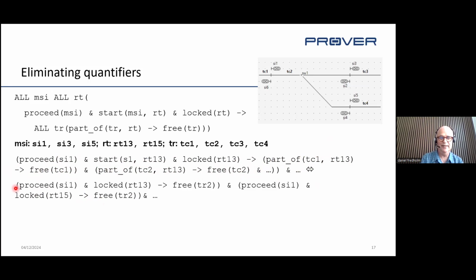So the first part here will just reduce itself to this. Proceed SI1, locked R231, track 2 shall be free.